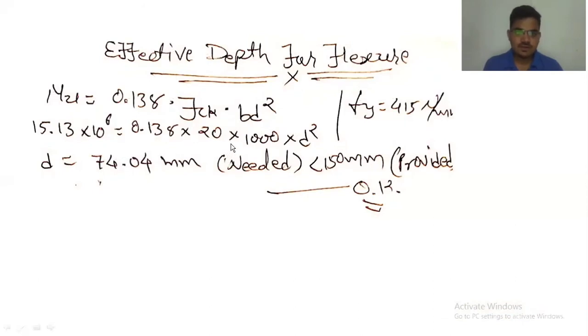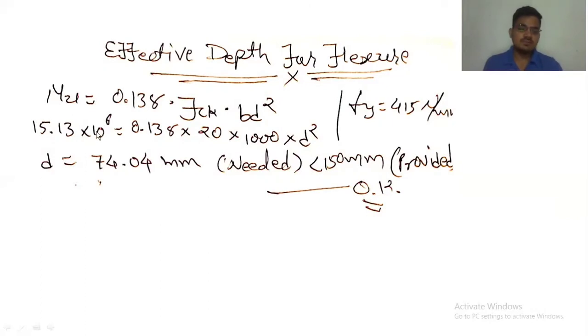Now we have to find our effective depth for flexure. We have to check if our effective depth is safe for flexure or not. So our equation of ultimate moment is 0.138 fck bd square. I am putting the value of Mu here, so 15.13 into 10 to the power 6.